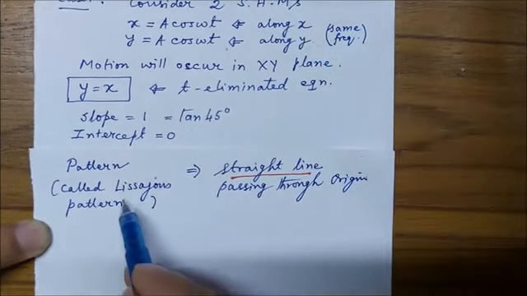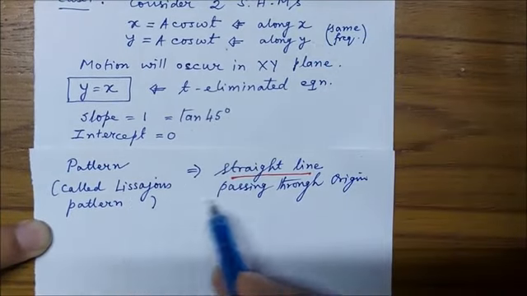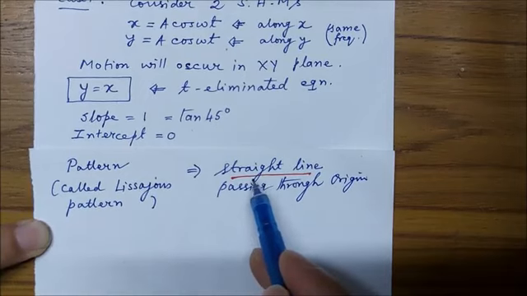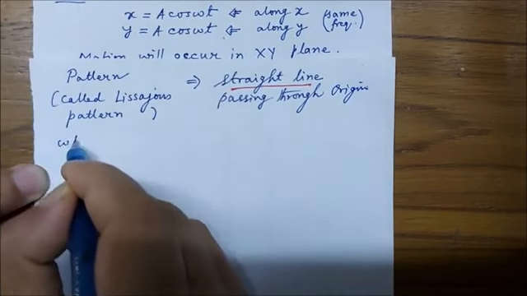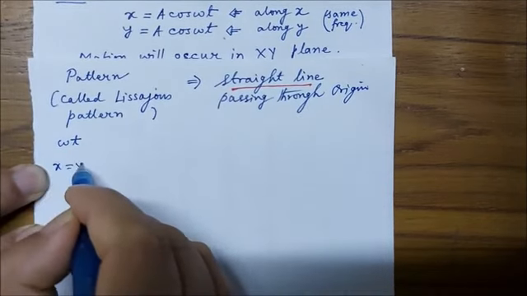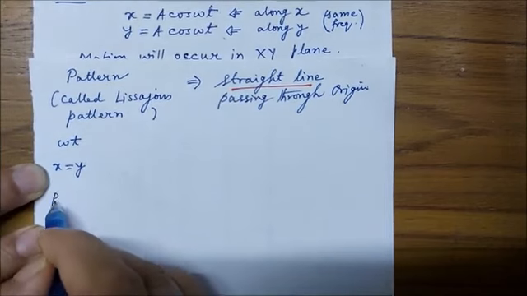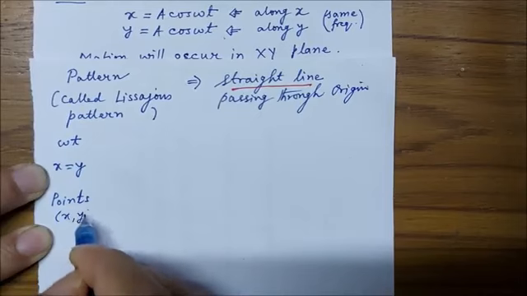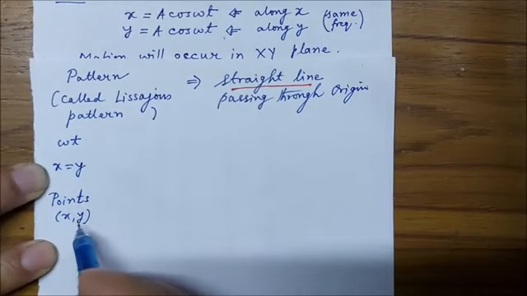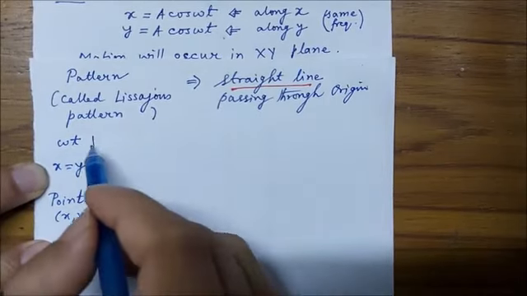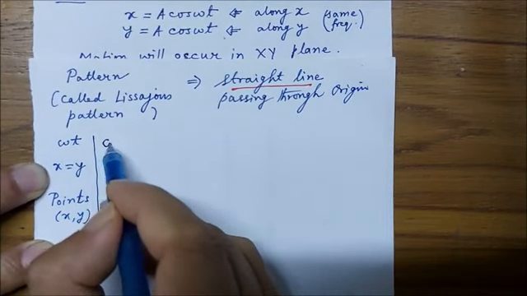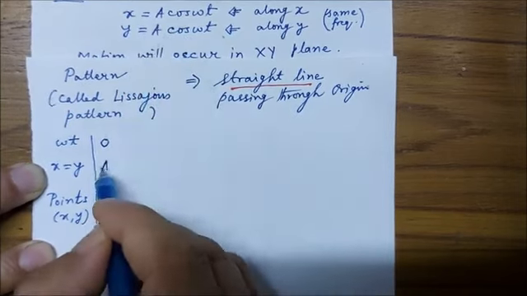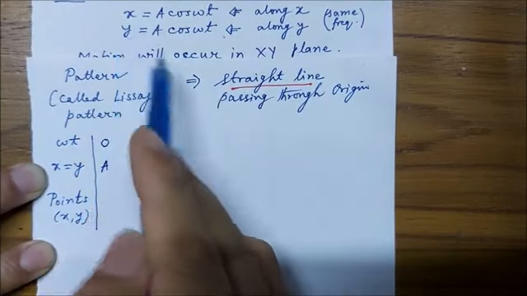Let us now draw the Lissajous pattern or figure, which is a straight line, and also investigate how this straight line is traced. Suppose this is omega t. Here let us place x equal to y, and we will indicate the points or the coordinates which are x, y. Now for t equal to 0 or omega t equal to 0, we have the value of x to be a, and similarly for y.